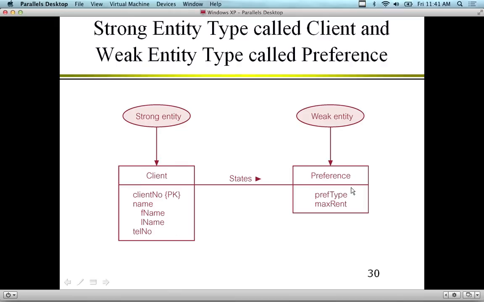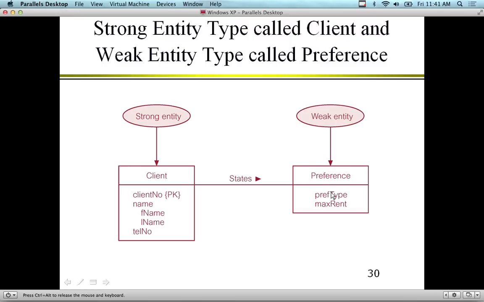This would be like, if you had settings for a website, or if you had filled in the color combinations you like, or for a dental office, the preferences would be like, you want Saturday appointments, or you like this dentist or that dentist or something, which might not exist. To be a client, you don't have to have preferences set. So the preferences table and the preferences entity would be considered a weak entity in this particular case.